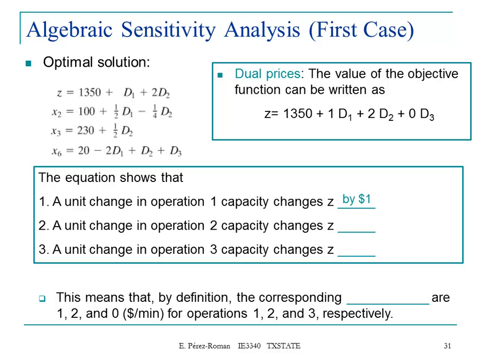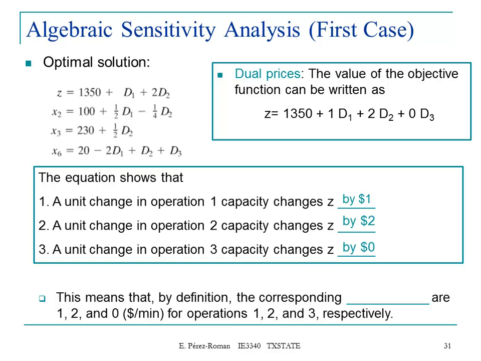If you increase D2 by a unit, that will increase the value of the objective function by 2. And that's because now we have those three new coefficients and those two values added to the objective function. So a unit change in the operation 2 capacity changed the objective function by 2. And a unit change of operation 3 will increase the value of the objective function by 0 because D3 is not part of the objective function.